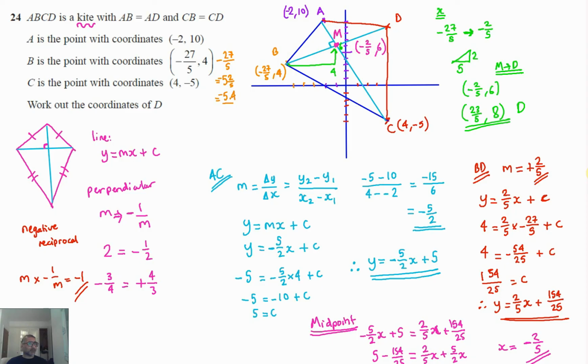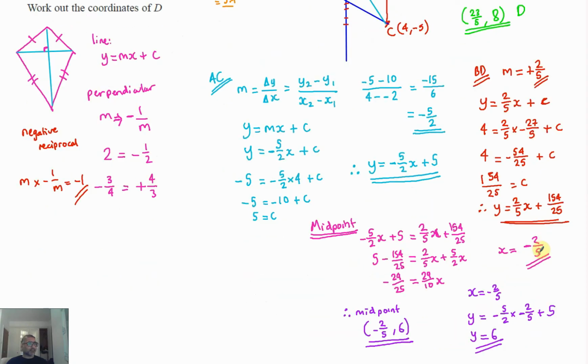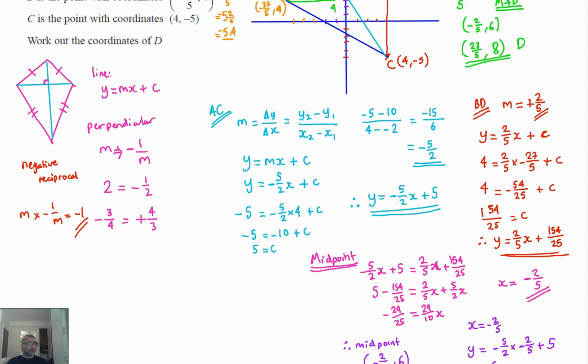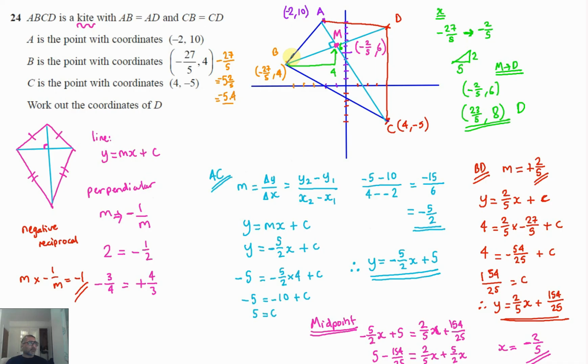So that's what we were doing here. We worked out the x coordinate was -2/5. You can sub it into either one of those two lines, and you can work out your y coordinate, which we worked out as 6. And then once you know that coordinate and that coordinate, because this line goes, in this case, from -27/5 to -2/5, work out the difference.